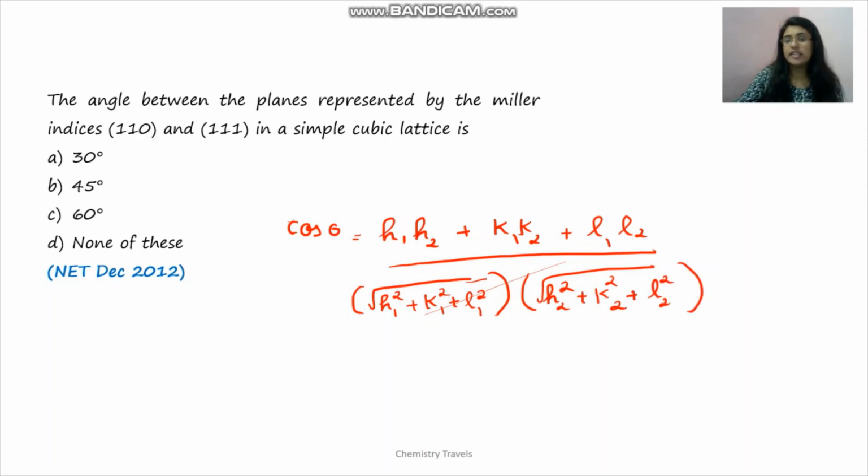This is the equation that we have. So I just have to substitute the values of 110 and 111 in place of H1, H2, K1, K2 and L1, L2.